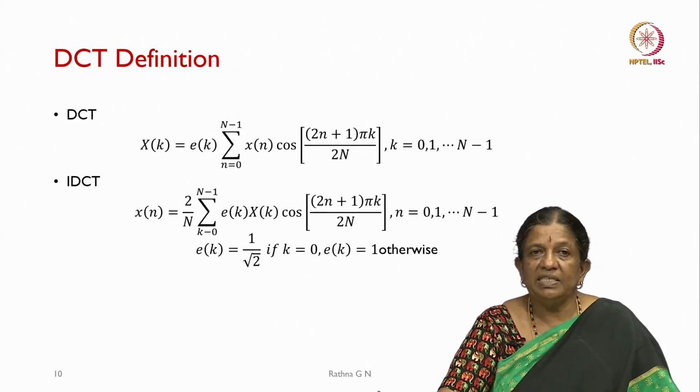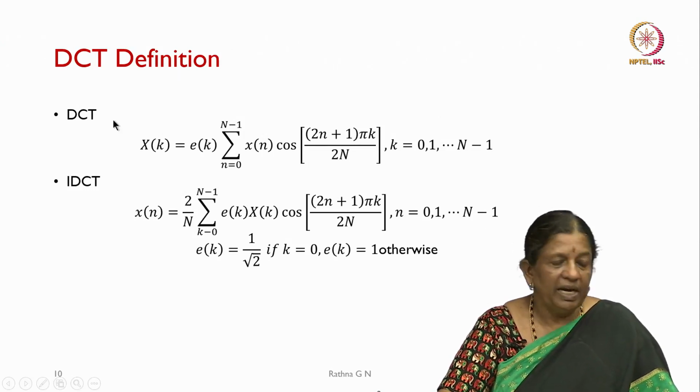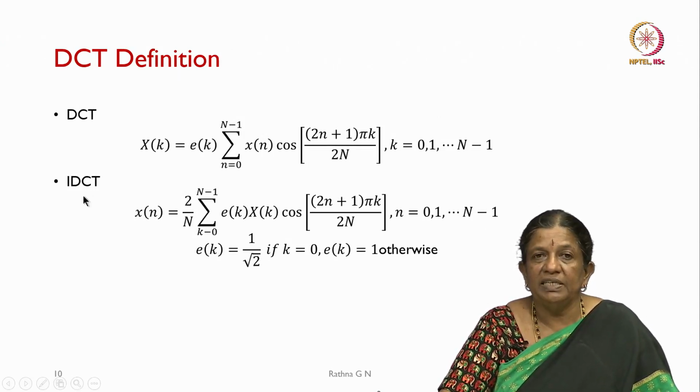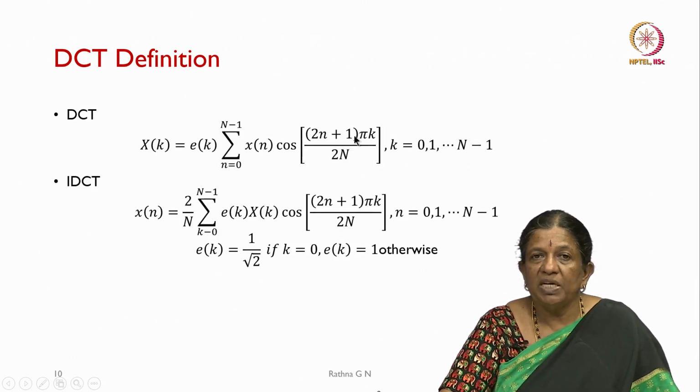Now we will see how we are going to implement this in hardware. To give again a flavor of what DCT and IDCT are, the formula has been given, one dimensional, what we are considering. We have E of k times the sum over n equal to 0 to N minus 1 of x of n times cos of (2n plus 1) pi k divided by 2N.